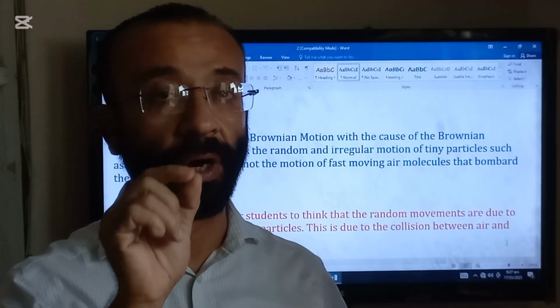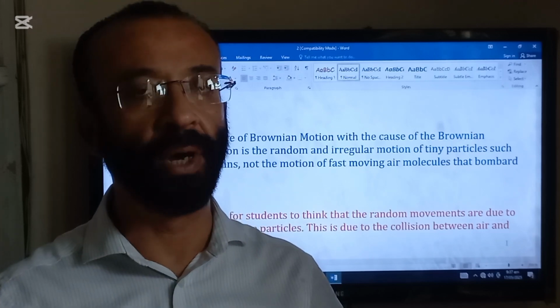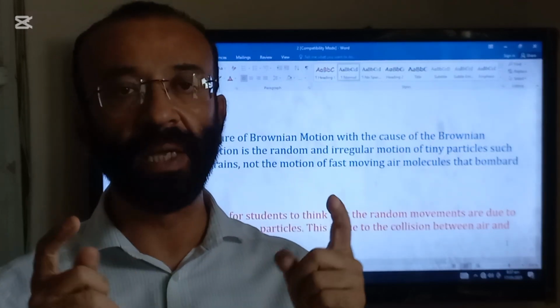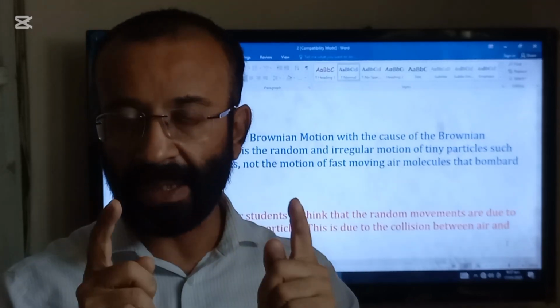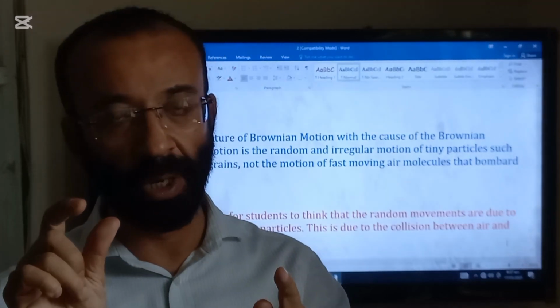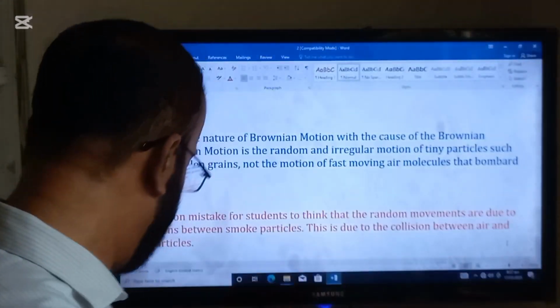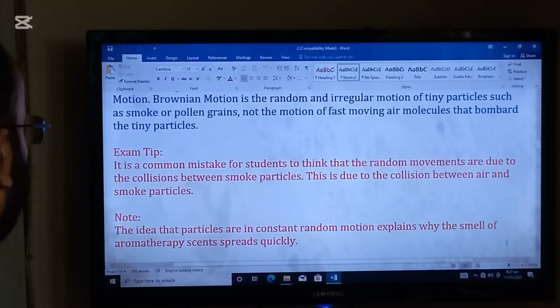This is the movement of the smoke particles. And second, Brownian motion is not caused by the collision of the smoke particles with each other. This is actually caused by the bombardment of the air molecules with the smoke particles. So, these are very important points.